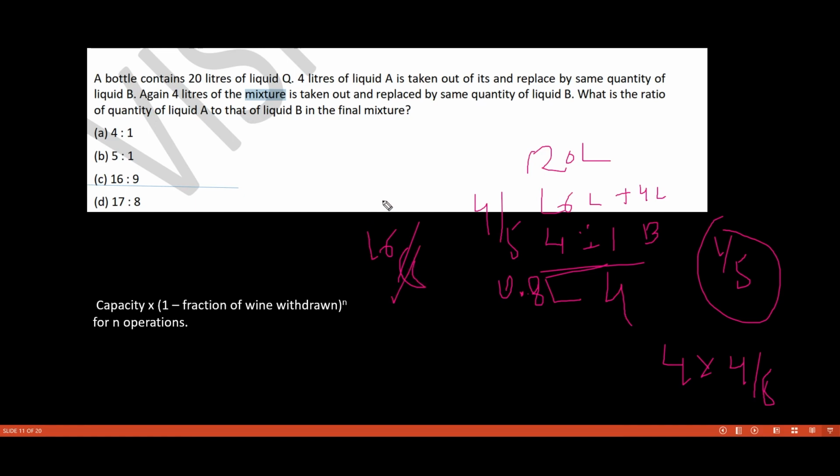All right, you have 3.2 liters and 0.8 liters.